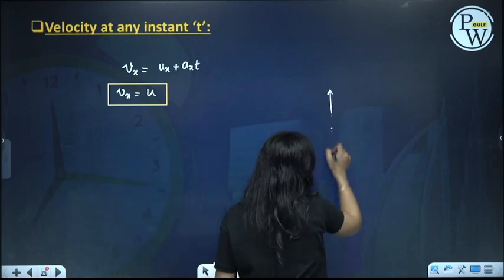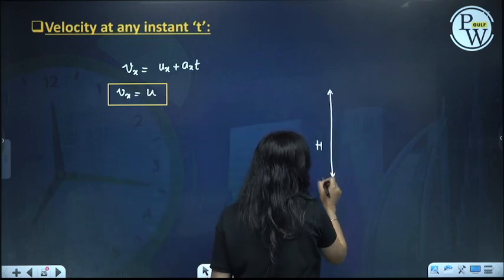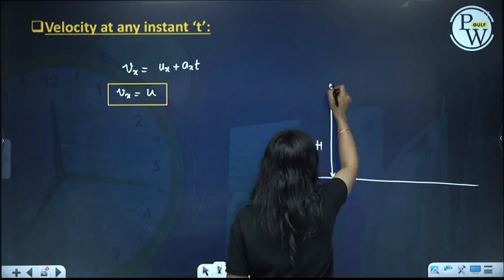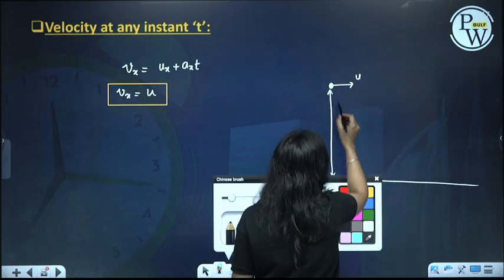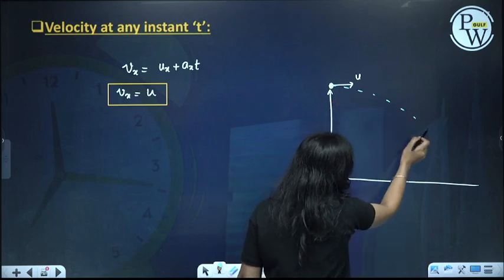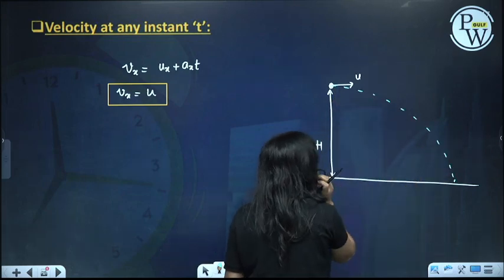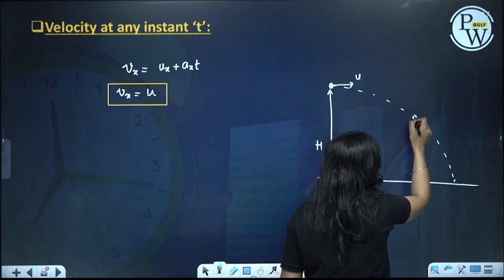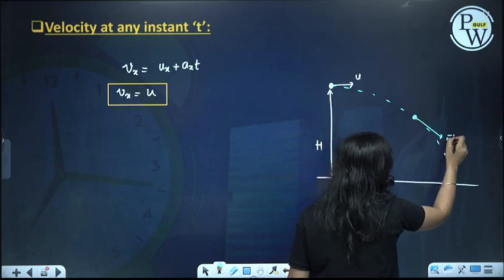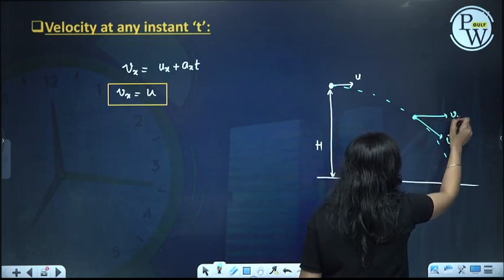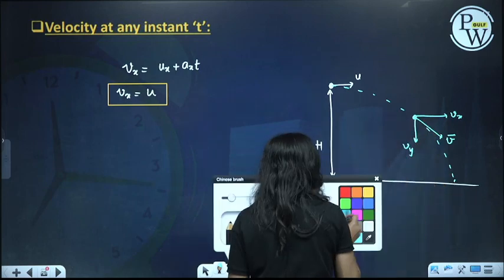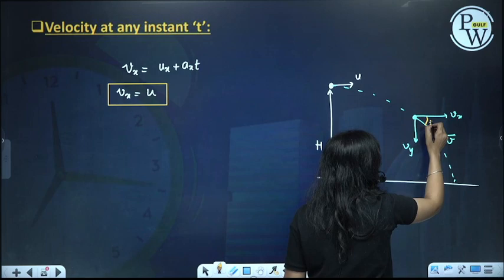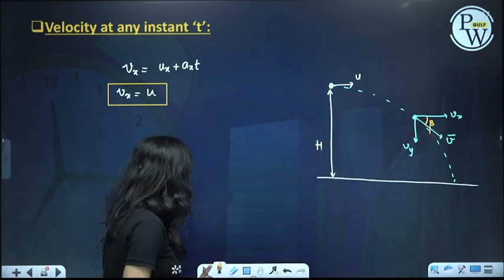If we project the particle from a height h with initial velocity u, the path followed will be like this. At any point of time it has velocity v, which has an x component and a y component, and the angle made by this velocity with the horizontal is beta.